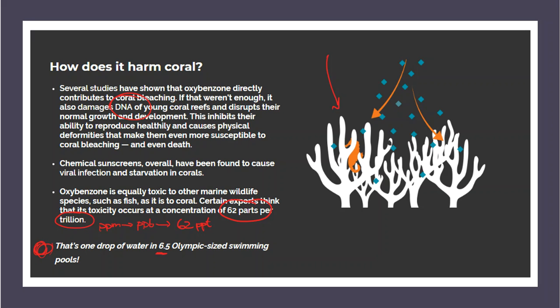So oxybenzone put in sunscreen, sold to a human legally. We slather it on, multiple times during the day, all summer long. It kills our coral reefs. It affects the aquatic wildlife. And now you're telling me that it's going to affect me as well? Yeah, that's what I'm basically saying.